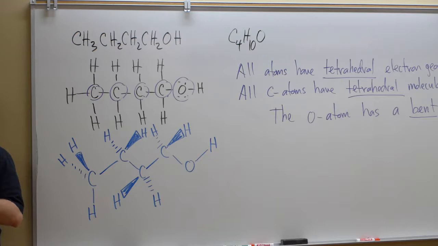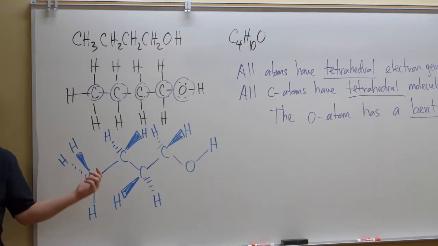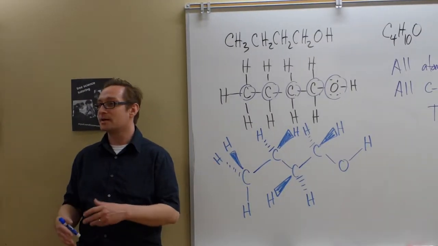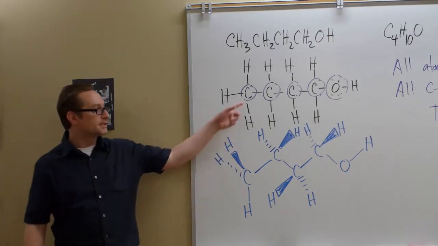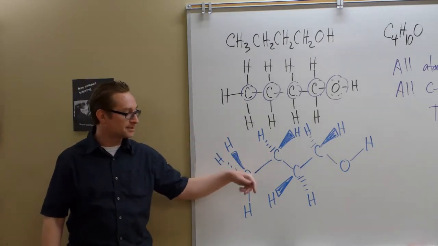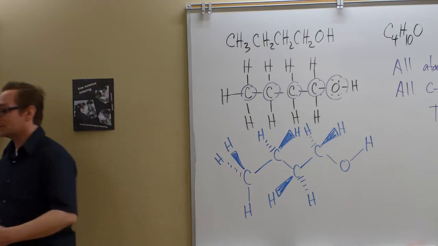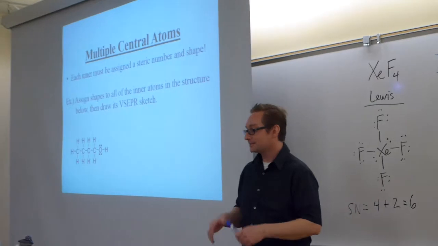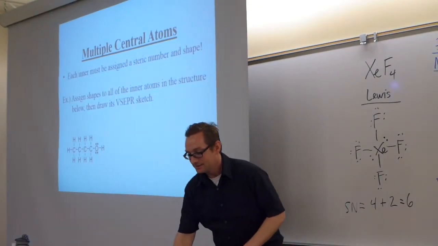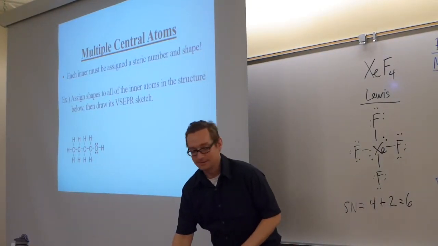I'll just have you draw a single central atom, maybe 1 second inner atom at the most. This is a bit over the top, but I figured I'd show you something over the top because it's fun. Can you see how you get the tetrahedron shape from all these? The generic tetrahedron is a dash and a wedge and 2 straight lines.